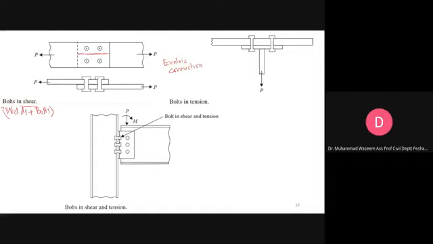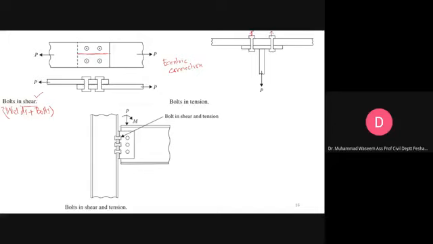What I was trying to say through this slide is that connections can be subjected to shear forces. Fasteners can be subjected to tensile forces. This is an example of a hanger. You can see that the applied force is in the downward direction, and we have these two fasteners. Let's consider them as bolts. They will be subjected to tensile forces.